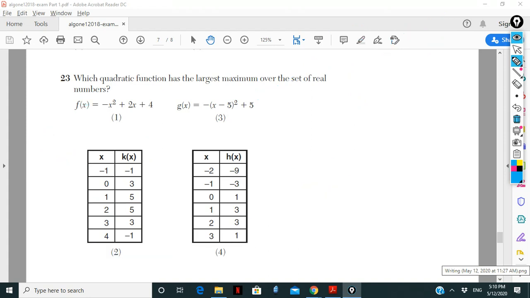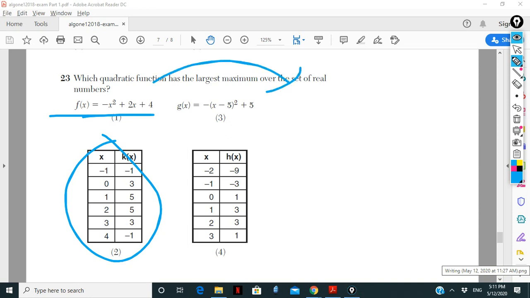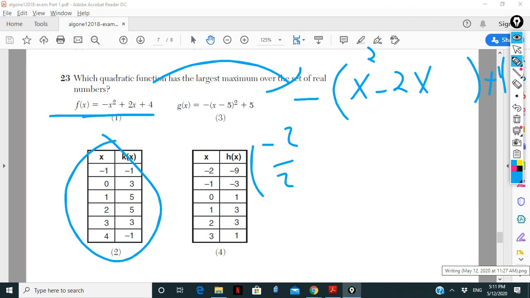Now I have to see what the vertex of this function is. So I'm going to take the negative as a common factor. So I have x squared minus 2x and over there plus 4. I don't care. Now negative 2 divided by 2 is negative 1.